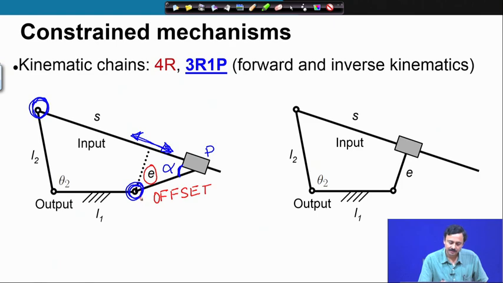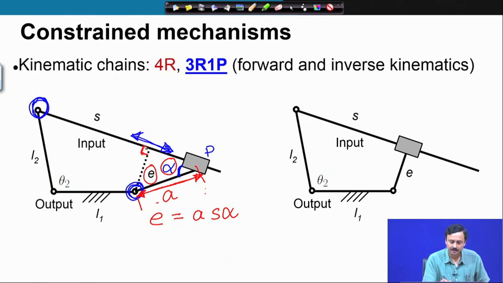So, if I am given this angle alpha and suppose this length is specified to us as A, then you can very easily see that E is equal to A sin alpha, this angle being 90 degree.